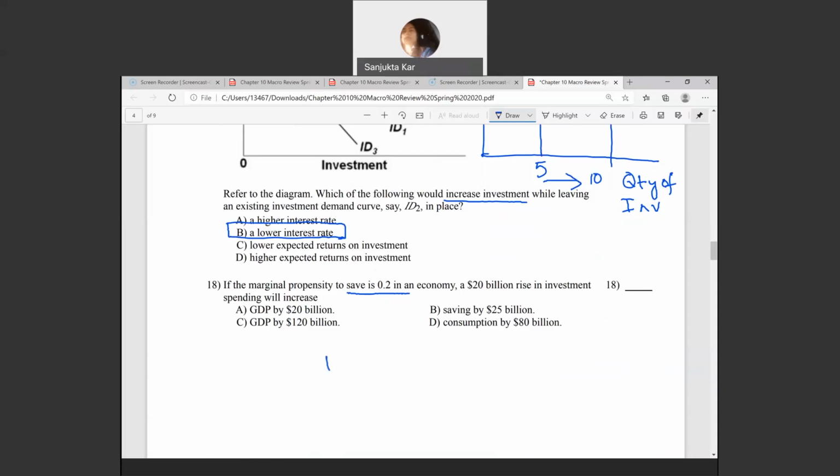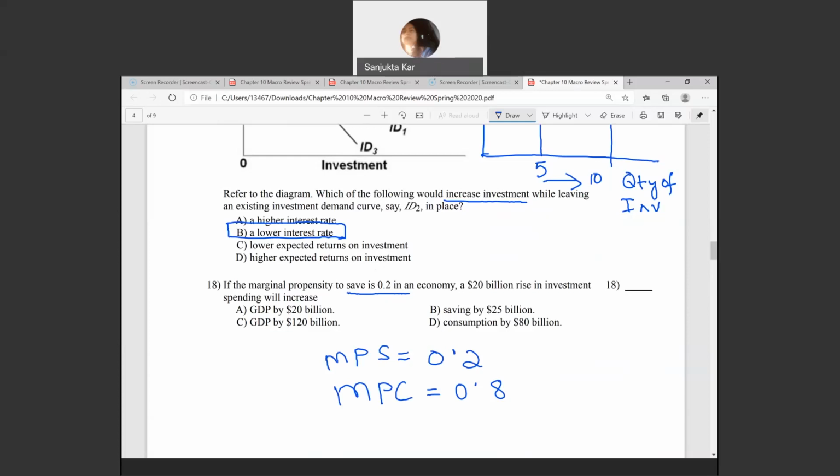I know my marginal propensity to save is equal to 0.2, so the marginal propensity to consume will be equal to 0.8. A $20 billion increase in investment will do what?